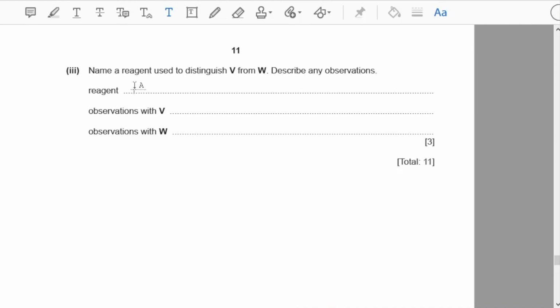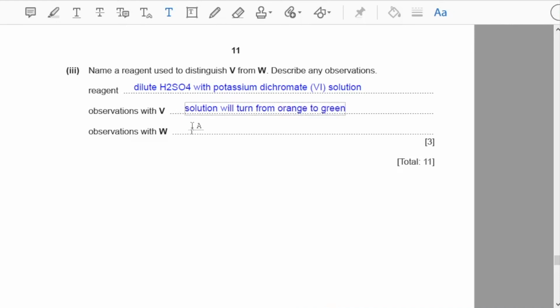So the reagent for differentiating between alcohols is dilute H2SO4 with potassium dichromate(VI) solution. Observations: if I add this to a primary alcohol, my solution will turn from orange to green, while adding it to a tertiary alcohol would not make any change to the solution color. So the solution remains orange.